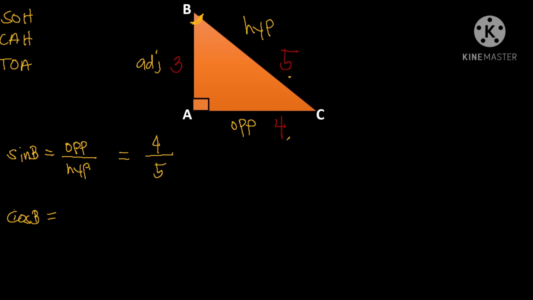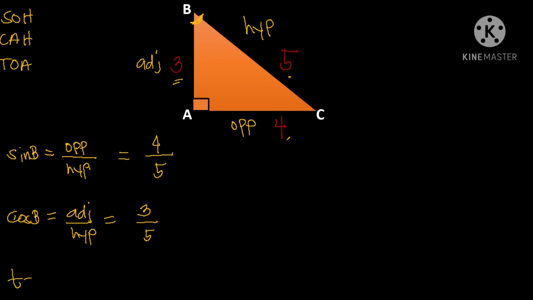So, cosine B is equal to adjacent over hypotenuse. Adjacent side natin ay 3, over hypotenuse, which is 5. So, ang cosine B natin is equal to 3 over 5.